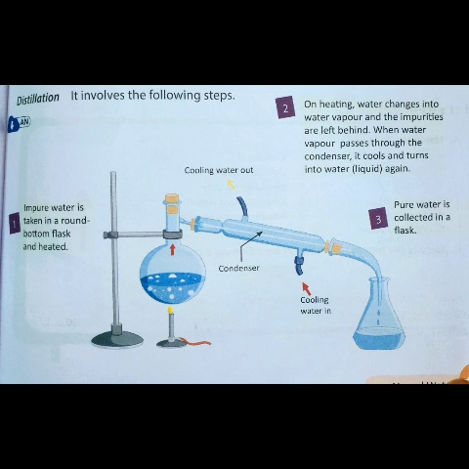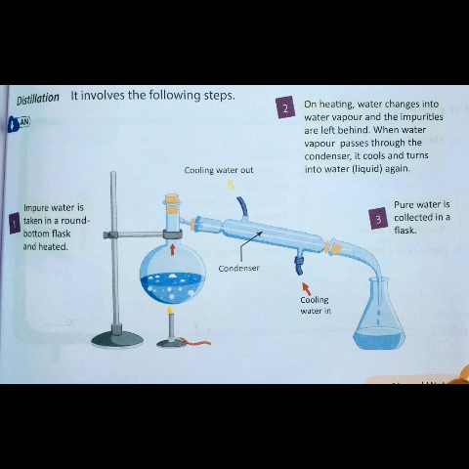When water vapor passes through the condenser, it cools and turns into water again. Water means liquid again. Then the third stage, pure water is collected in a flask.